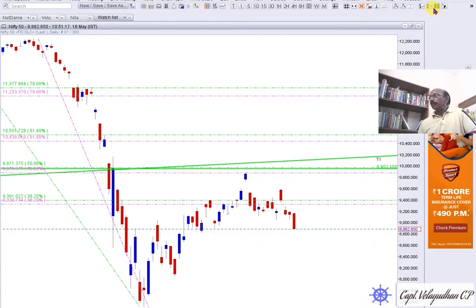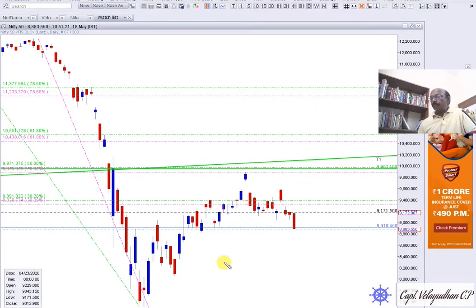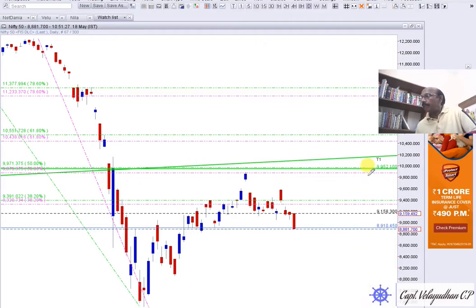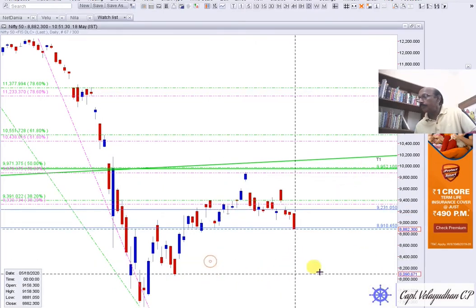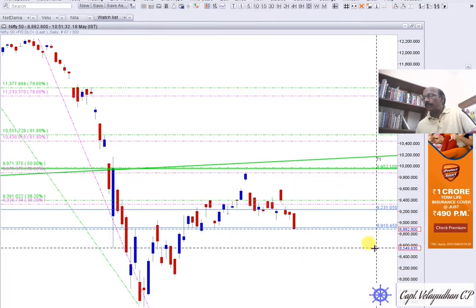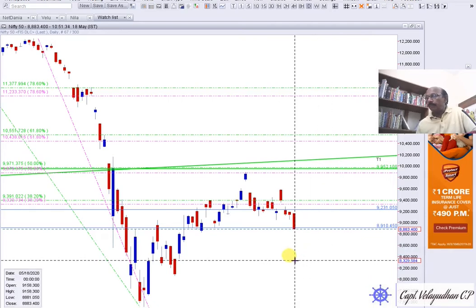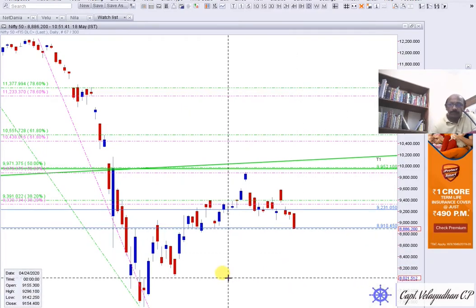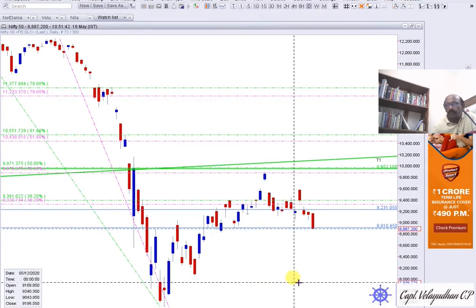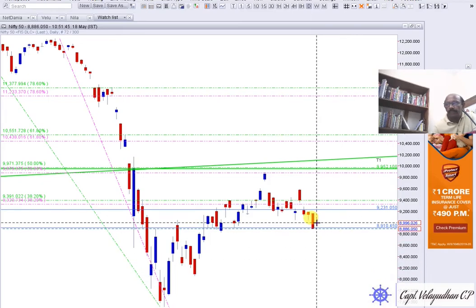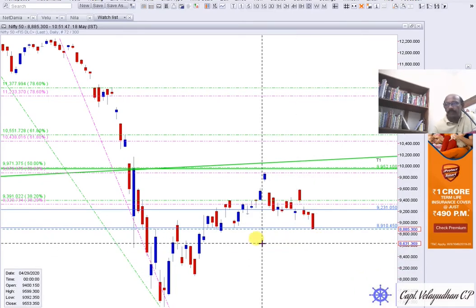I can draw a support line there. See the low was 8910. Today it broke 8881. It's bearish now. So this is what is good about the candlestick. When you see the candle, you know what the market is doing there.